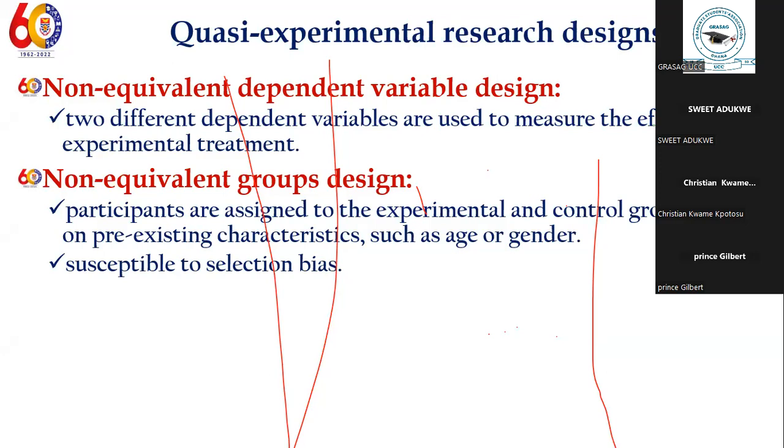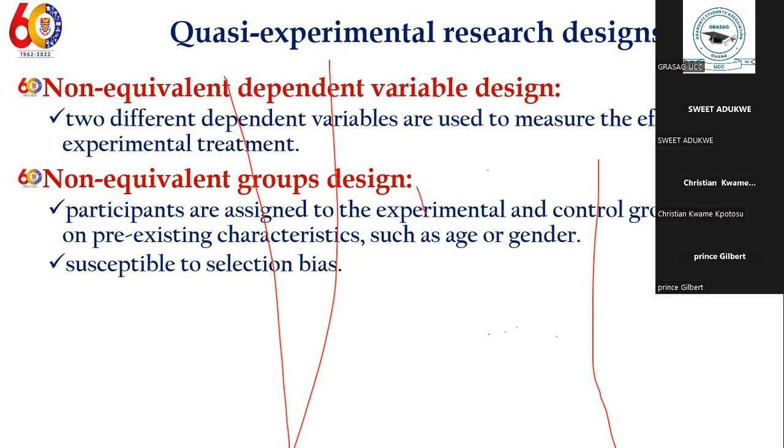Sometimes people make the assumption about sample sizes. It is not always the case that your male sample size will be the same as the female sample size. And because you are now looking at the characteristics of an individual before you place them into either a control or an experimental group, there is always the issue about what? Selection bias.